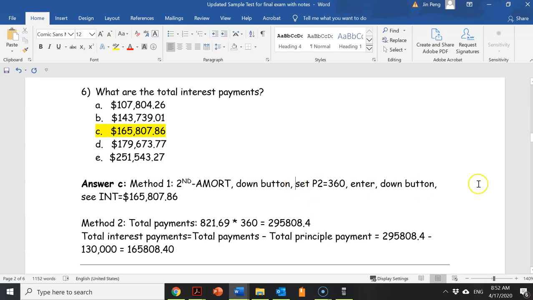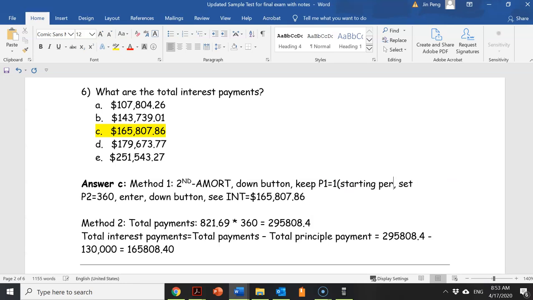Keep P1 as 1 and change P2 to 360. This means you want the total interest payments over all these 360 months. P1 is the starting month, and 360 is the ending month.